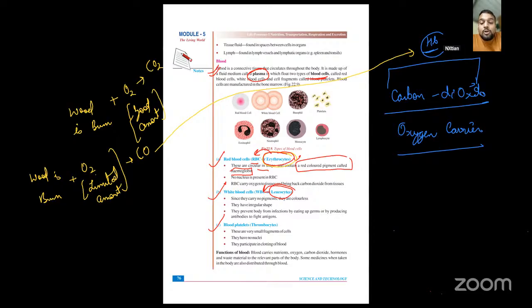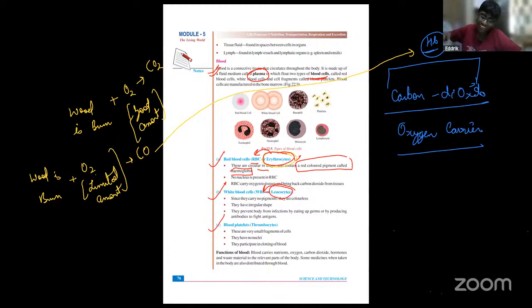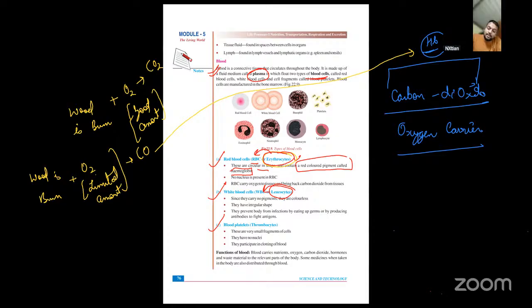Now blood platelets. Blood platelets are also called thrombocytes. For example, you have a small cut. After some time the blood will stop. Why? Because the blood will clot, and the clotting work is done by the platelets only.